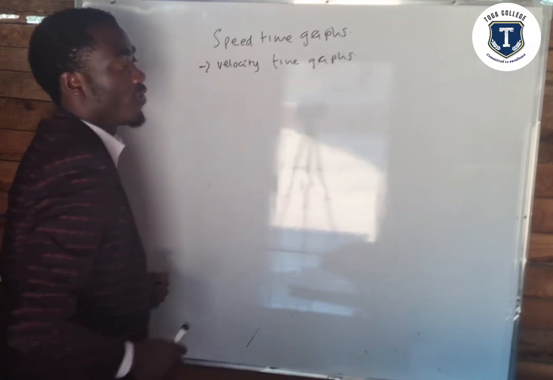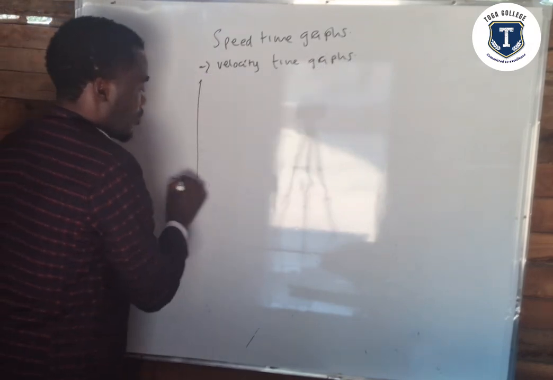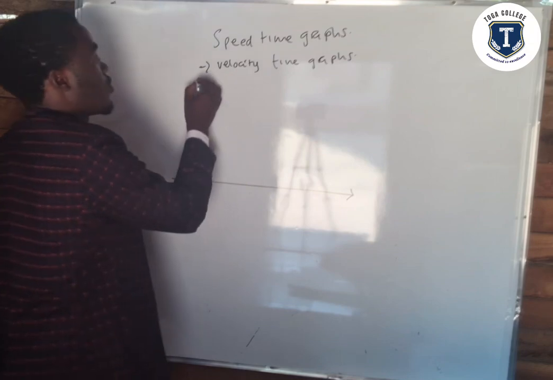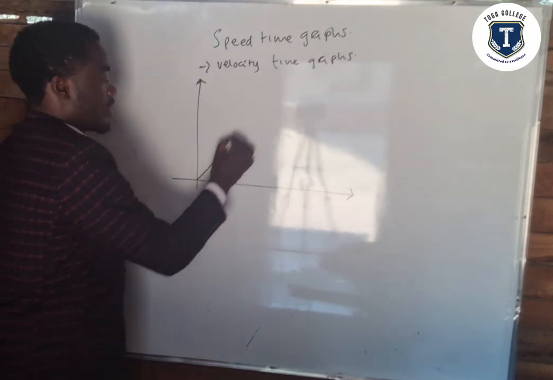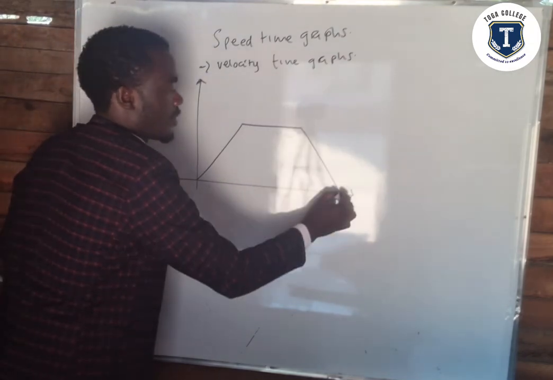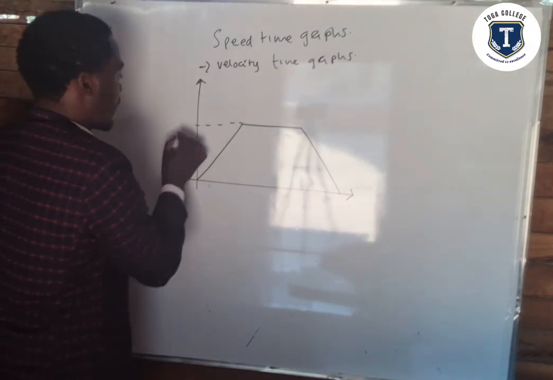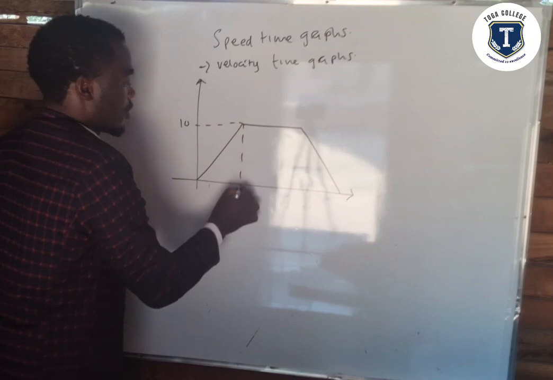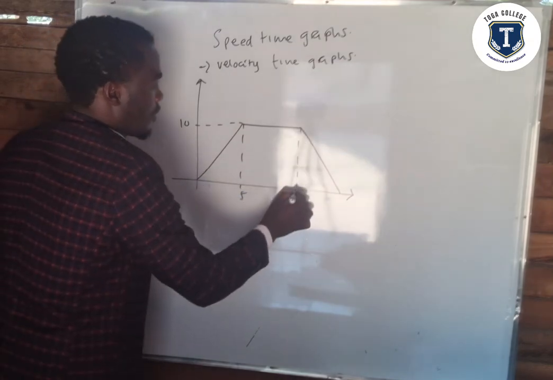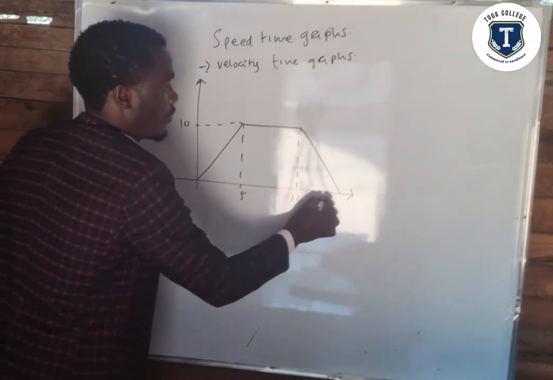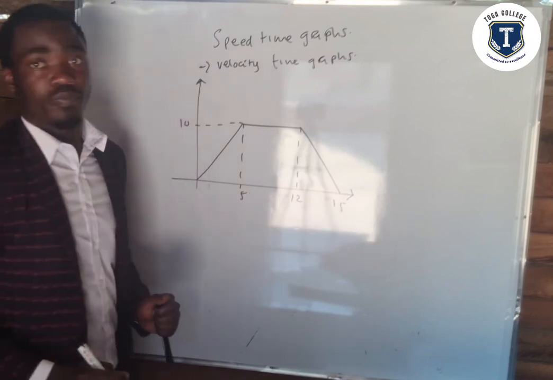So we have our graph like this one, and then it's going like that, like that. Do you see that, right? And then we have, let's say, 10, 5, 12, and 15 here, right?